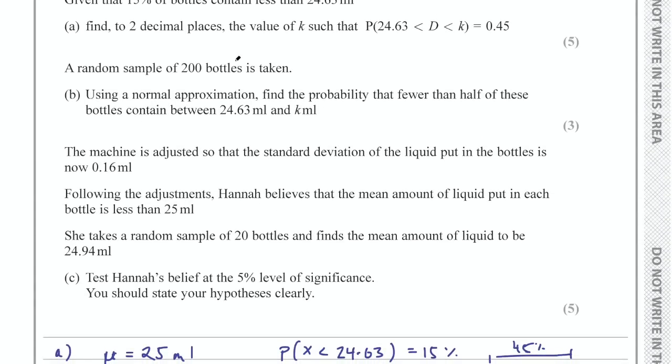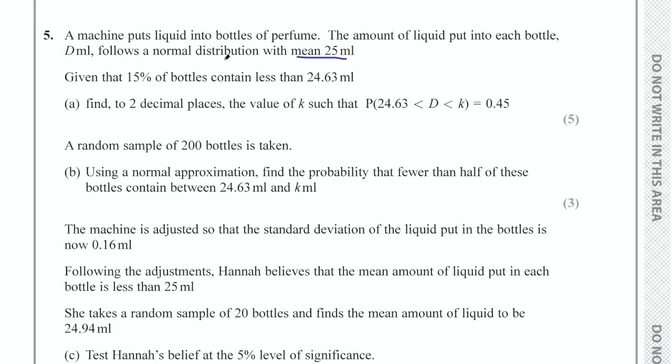Part B says a random sample of 200 bottles is taken. Using a normal approximation, find the probability that fewer than half of these bottles contain between 24.63 and K milliliters. Alright, what does this mean when they say use a normal approximation? Isn't this already a normal distribution?